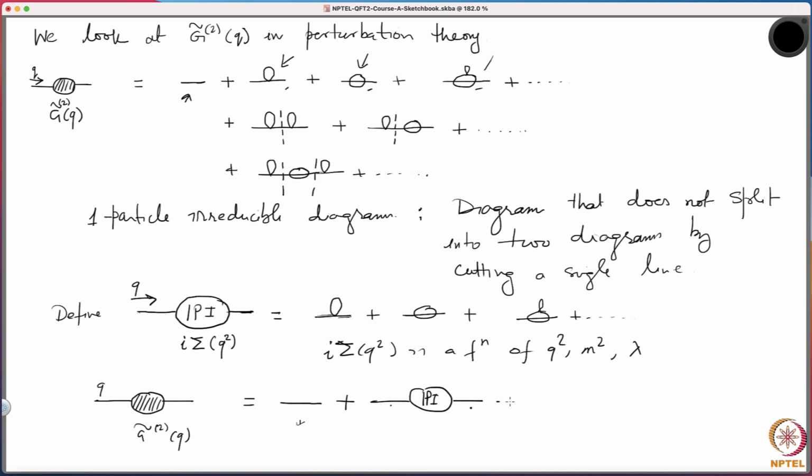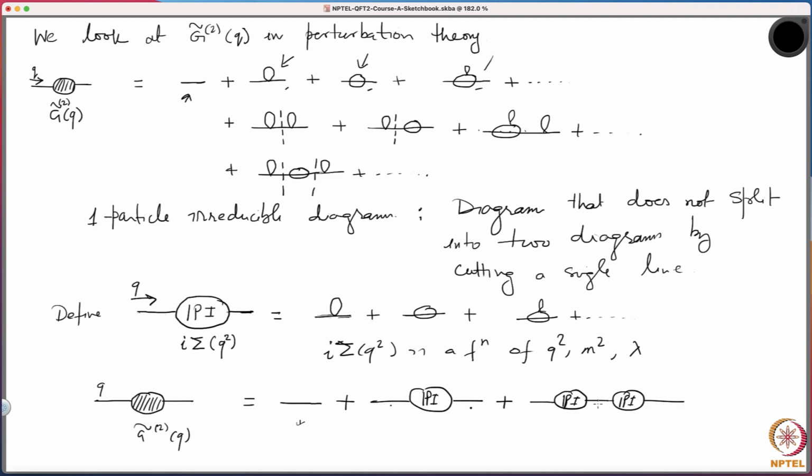Okay, so what else? Now let's look at this one. You will have this variety. Let me include one more diagram. Okay, and others. So you see this one will have a structure of the following form. Right?